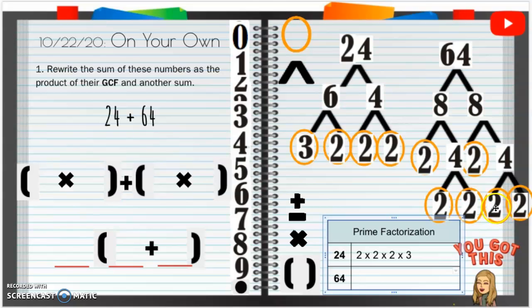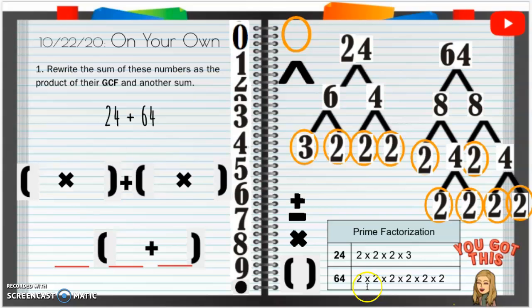We're going to have 1, 2, 3, 4, 5, 6 of those 2s. So 2 times 2 times 2 times 2 times 2 times 2. That's our prime factorization of 64.